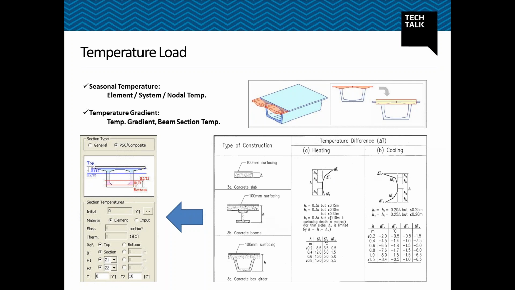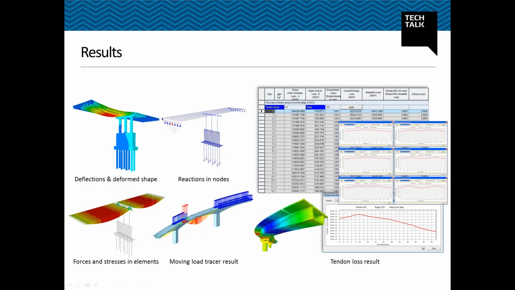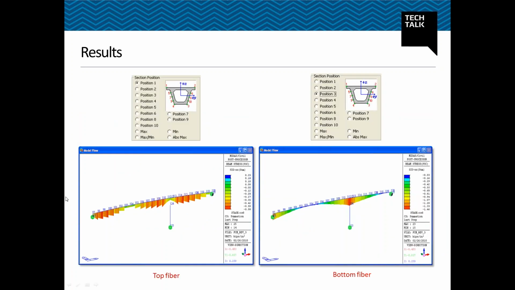Moving on to results. Once you perform the analysis, various analysis results can be obtained in graphical format and table format as well. Apart from those general results, for PSC sections you can also obtain member force results at various positions within the cross section.